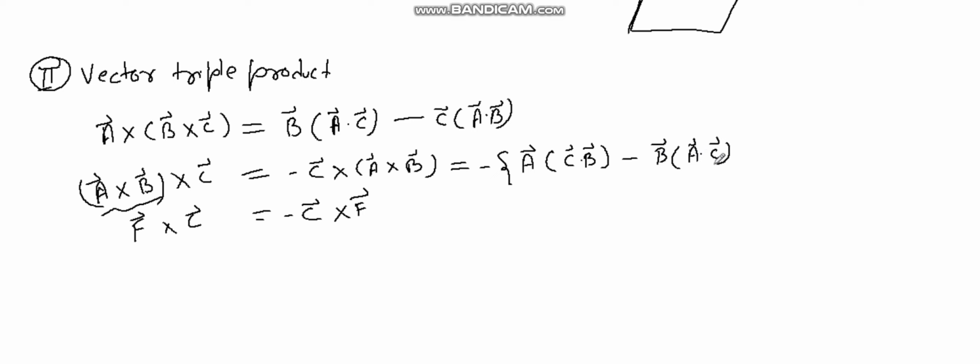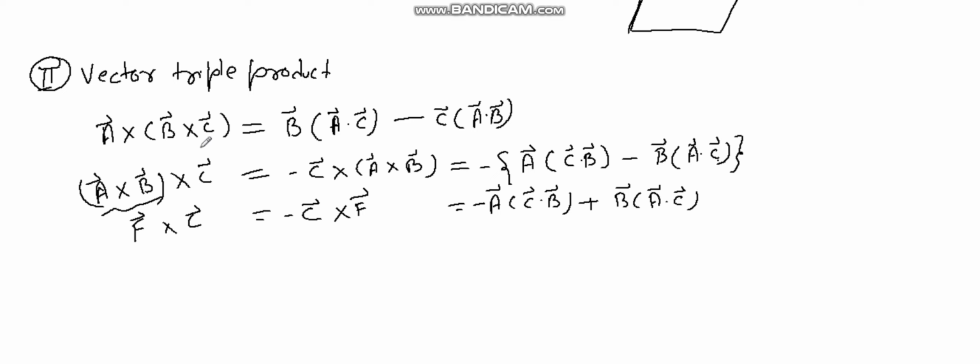So A dot C is equal to C dot A. And finally this is A times C dot B, minus sign, plus B times A dot C. Okay, so similarly we can also rearrange this A, B and C and write the final form.